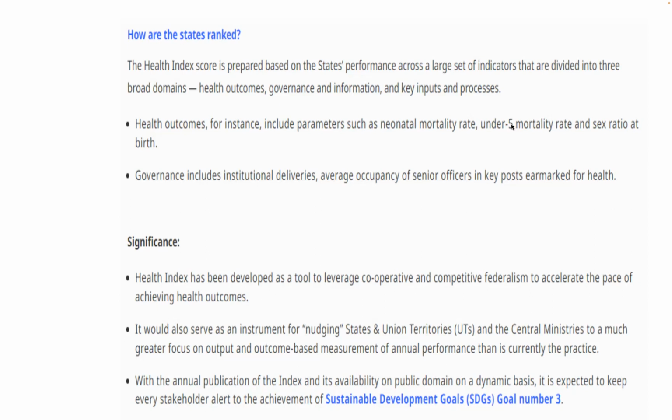Next comes the governance model. See, in any social development sector, either health or education or water or environment, we keep on talking about certain outcomes. But whenever we are talking about outcomes, we do talk about the governance model also.